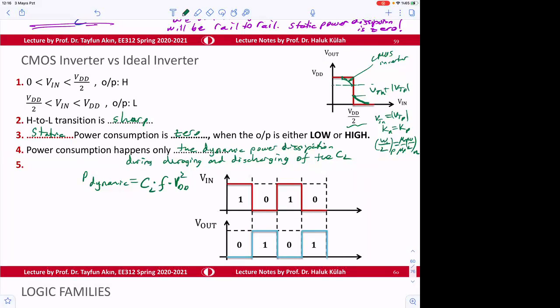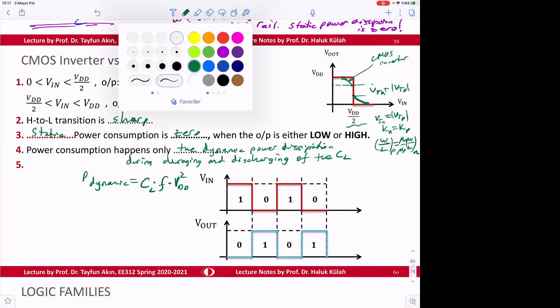So, you know, high to low, low to high switching is going to be maybe not like what you have seen here.